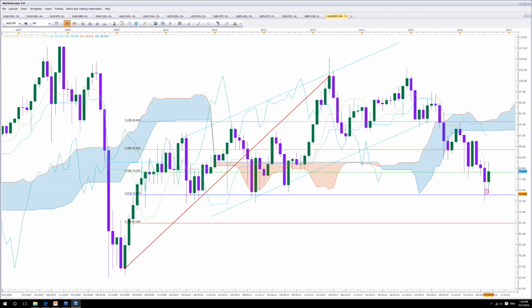All right, but so far, the 61% Fibonacci level has held at 73, and the pair just kind of went back up. And you can see Aussie Yen has been developing this habit of consolidating. This candlestick, this month in February, went all the way straight down. Then March, it went all the way straight up. And then in April, it went straight down. So it's been just going back and forth, back and forth.